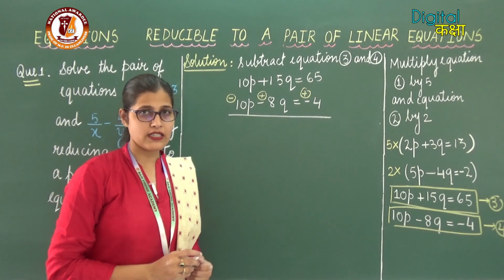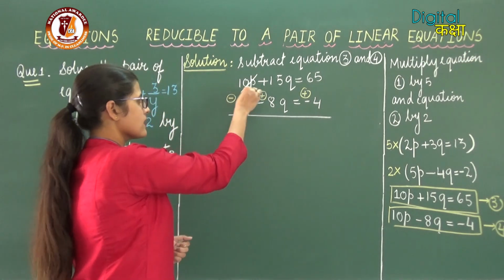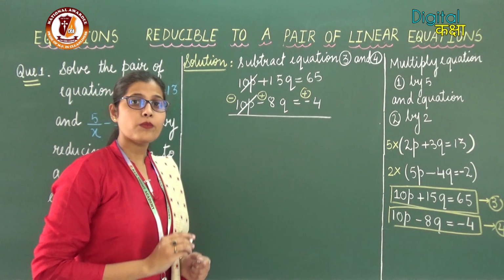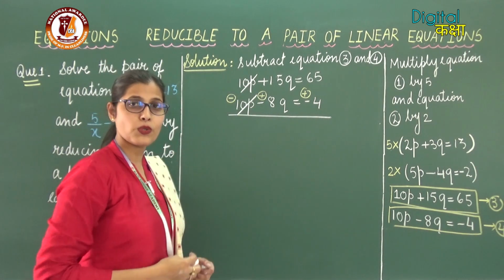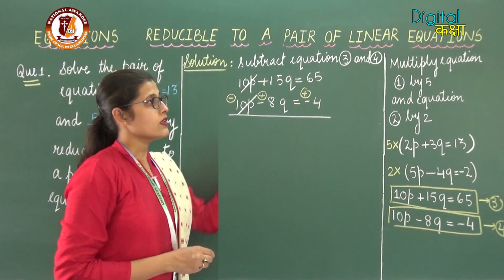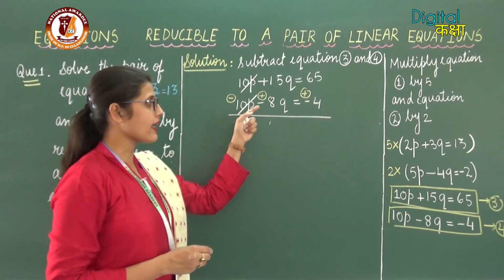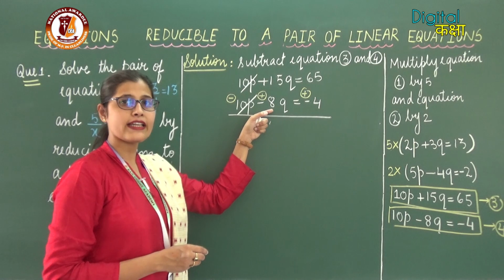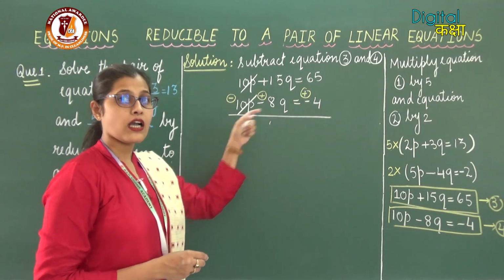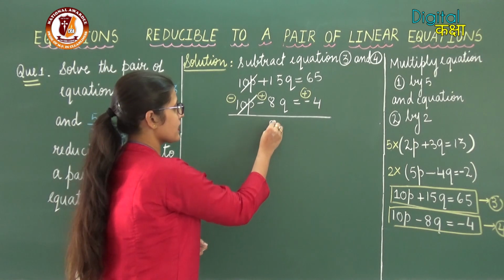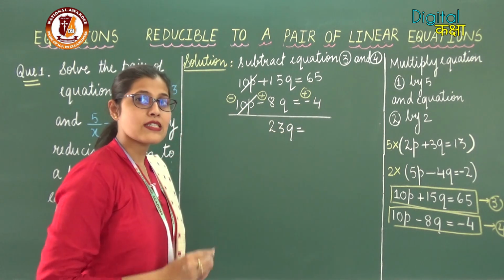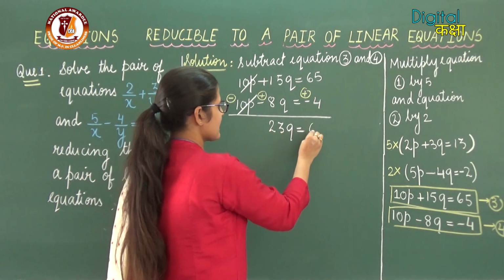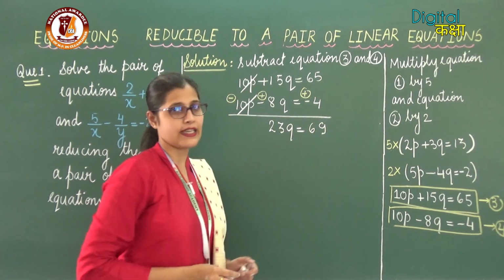Let us simplify it. Since both the terms are the same with opposite signs, they will be cancelled. When we add 15 and 8, we get 23q, which will be equal to 65 plus 4, that is 69.